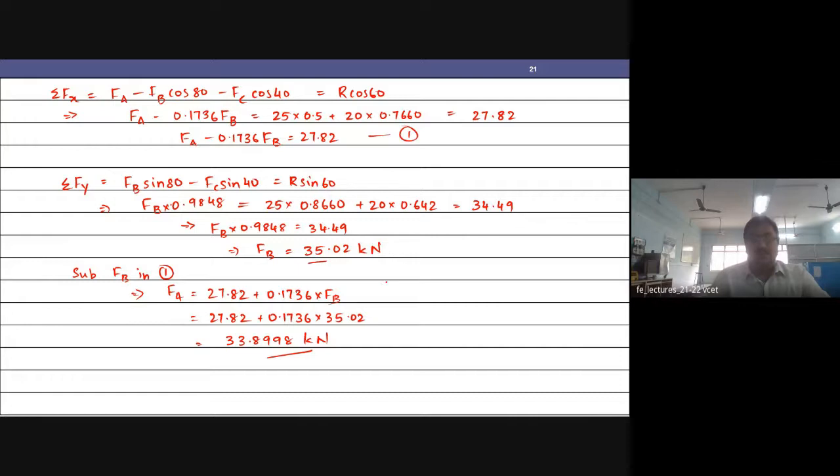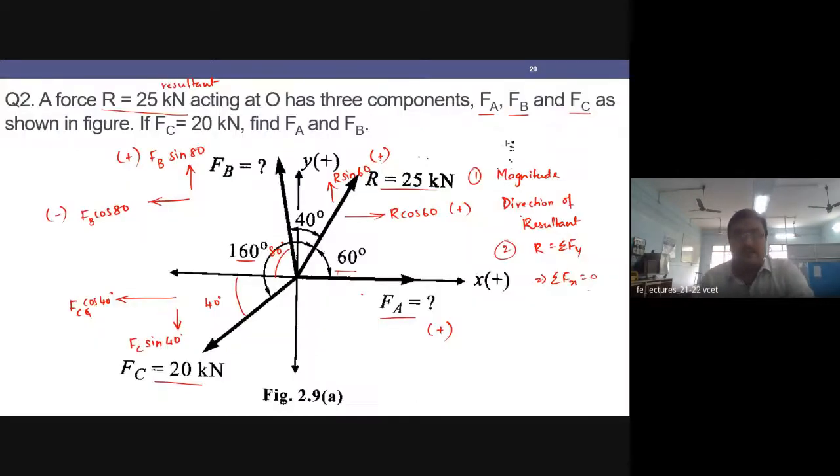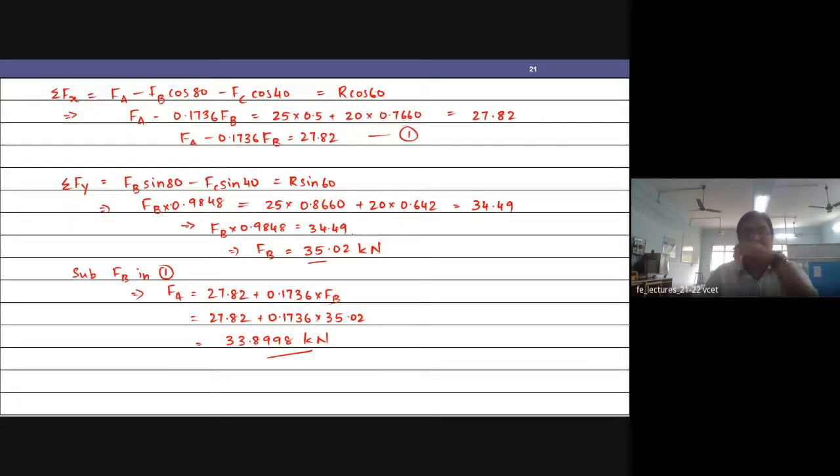And since both the values are positive, the directions that I have assumed are correct. So FA equals 33.8998 kilonewton and FB equals 35.02 kilonewton.